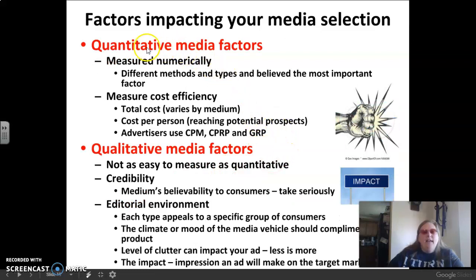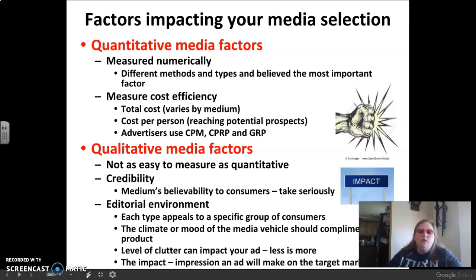Quantitative media factors are easily measured, and you can easily see the cost per person. Qualitative media factors are not as easy to understand, but if you look at credibility, if I put my advertisement in the Inquirer magazine, it doesn't have the credibility that GQ has.